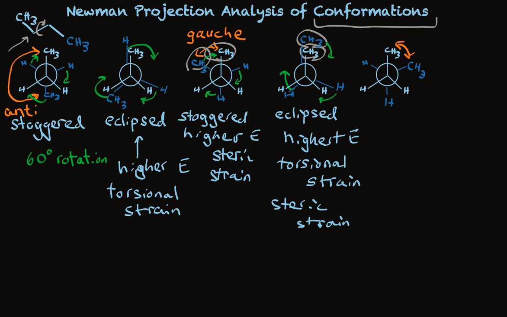In fact, this conformation and this one are identical, aren't they? Except that they're just reflected into each other. And we'll notice that it's gauche, and it has steric strain. And so these two guys are the same energetically.